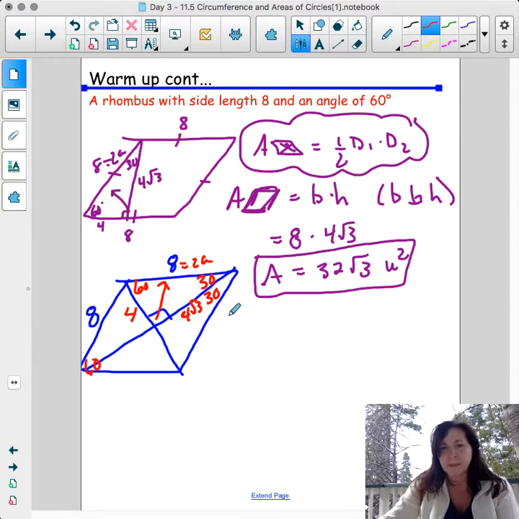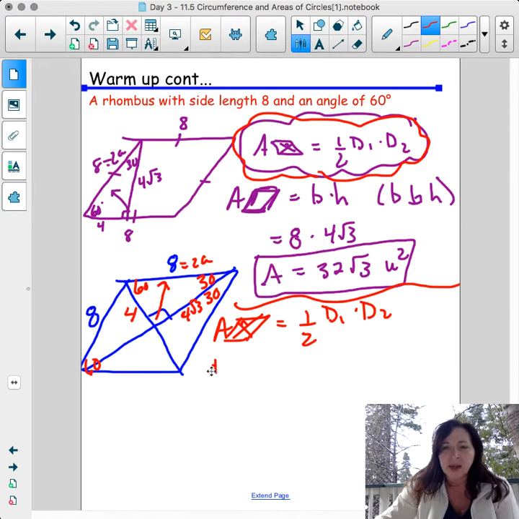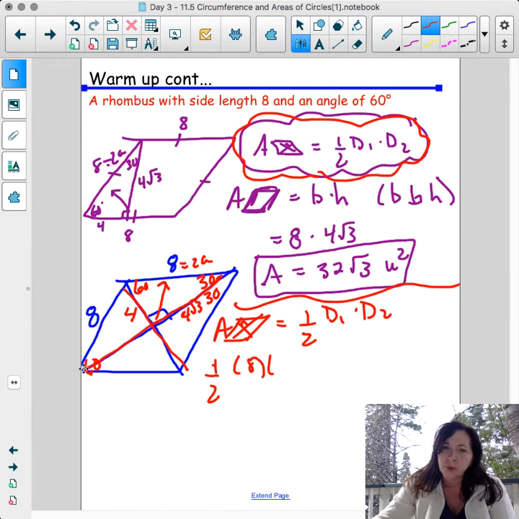Now let's think about that. If I used this formula, the area of a rhombus where my diagonals are perpendicular is equal to 1/2 the first diagonal times the second diagonal. I would get 1/2 times the first diagonal, which is 4 plus 4, which is 8, times the second diagonal, which is 4 root 3 plus 4 root 3, which is 8 root 3.